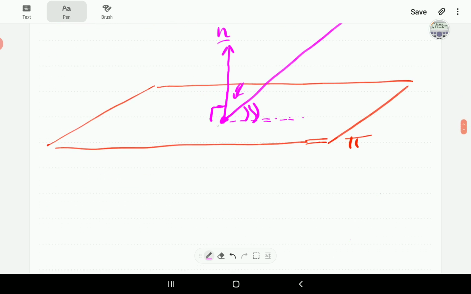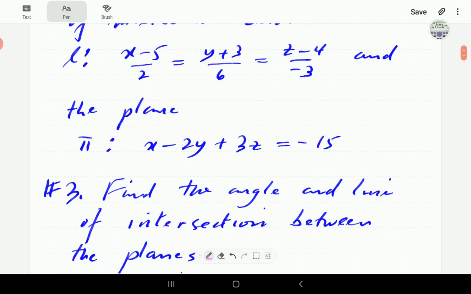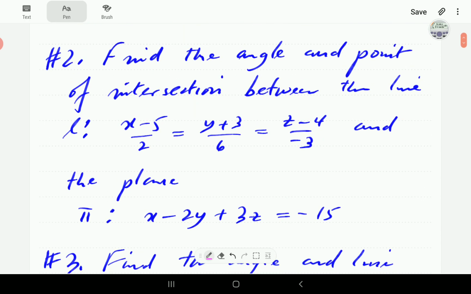But the first thing I want to do is to find the point of intersection. Of course, if the line is parallel to the plane, if we try to solve that situation, it's going to show us that it's impossible. But because they say find the point of intersection, then we imagine that that is going to be possible.